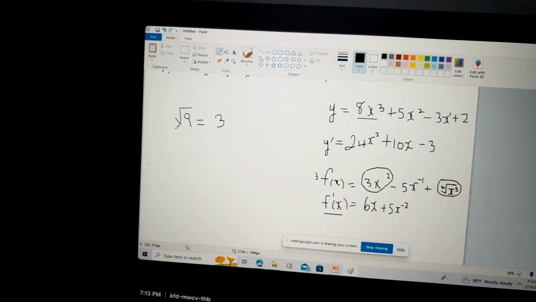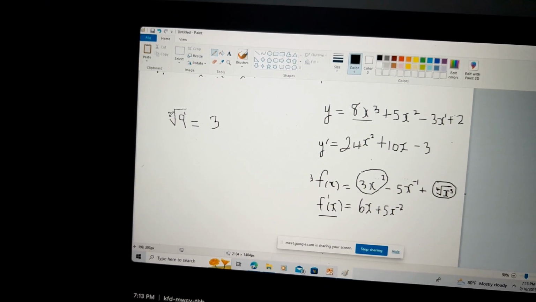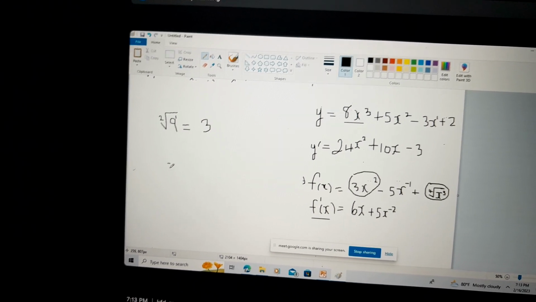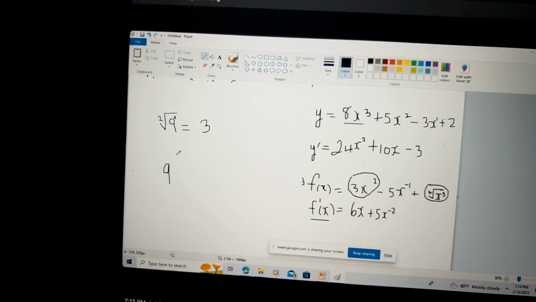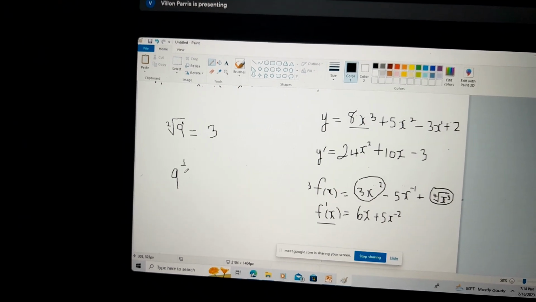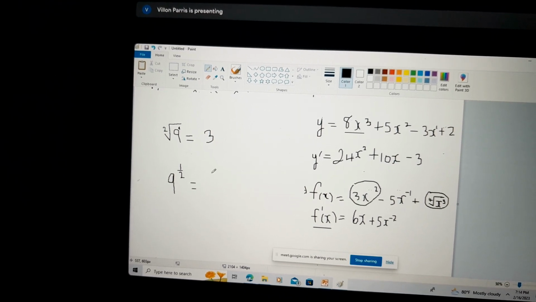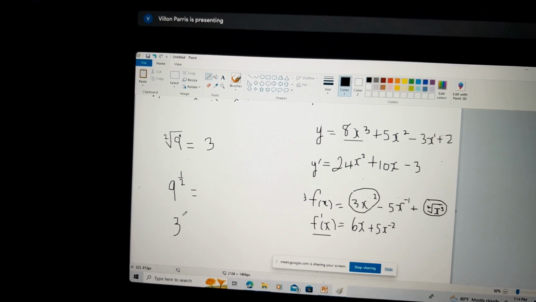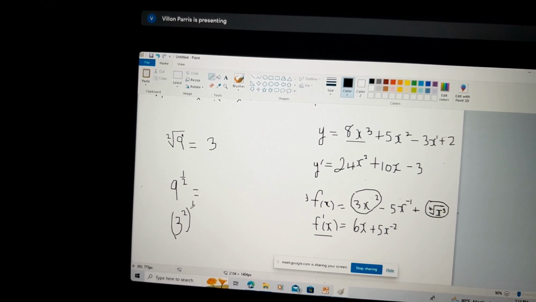Now, the square root of 9 has a 2 here and a 1 here, because square root means there's a 2 here. So the square root of 9 is actually 9 to the half power. You see, algebra is coming in here. It's the same as 3 squared, because 3 squared is 9.